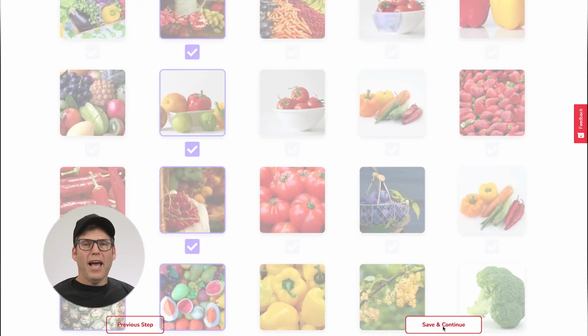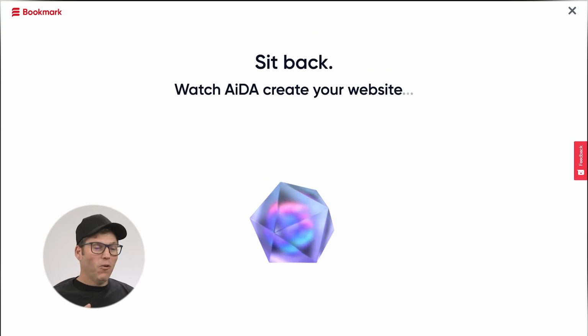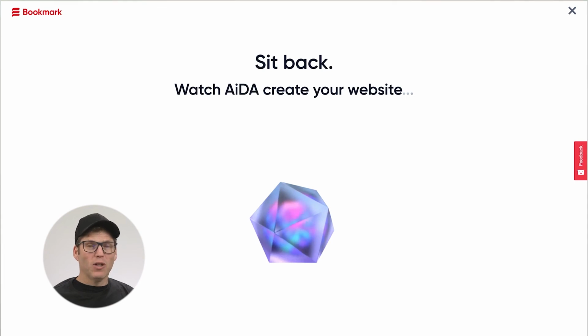Of course, we'll be able to add additional images as we go back through, but for right now, AiDA is going to create this first look and feel of our website for us, and then we can jump in and edit it. So that is literally all you need to do to get started building out your first website. Put in a little information and then select a few images, and next thing you know, the website is starting to be built.